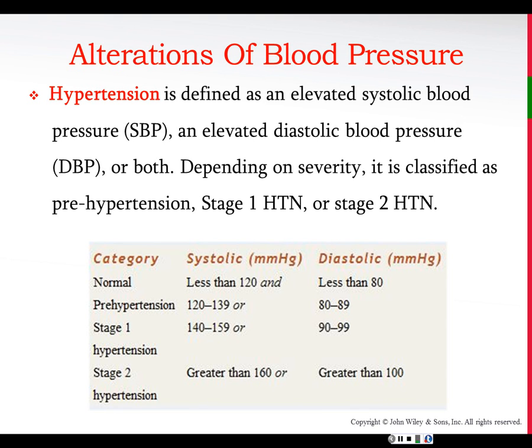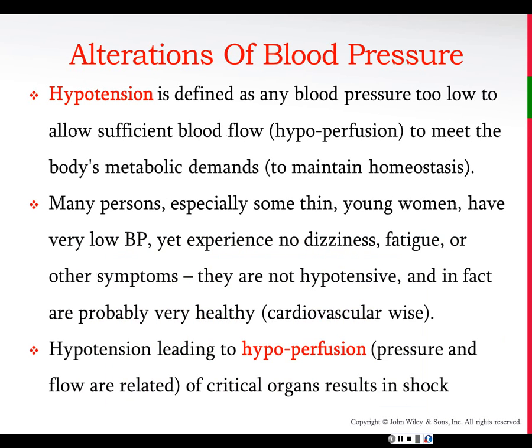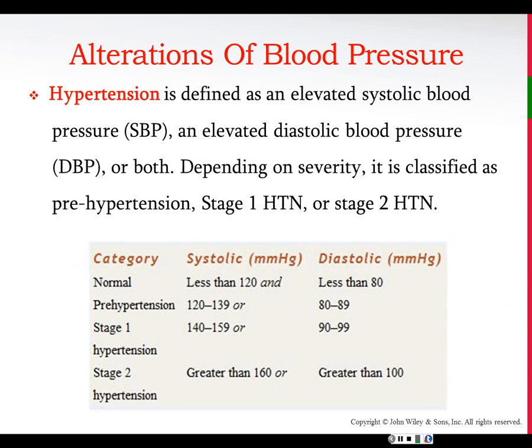Now, usually we break hypertension up into one of two categories. We call it primary versus secondary hypertension. And I don't have a slide that talks to you about that, but I'll just tell you very quickly. Primary hypertension is a situation in which hypertension or high blood pressure is the issue. You don't really know why that person has hypertension, but you know that they have it based upon those physical measurements that are made.